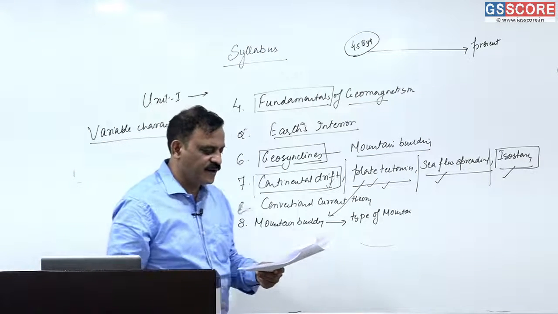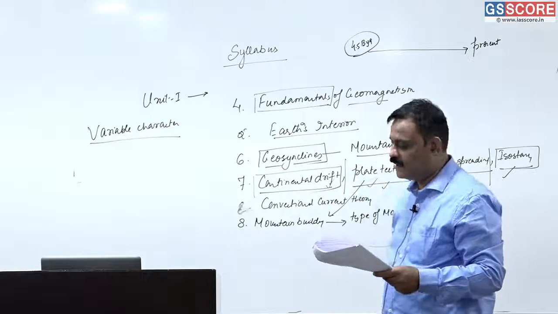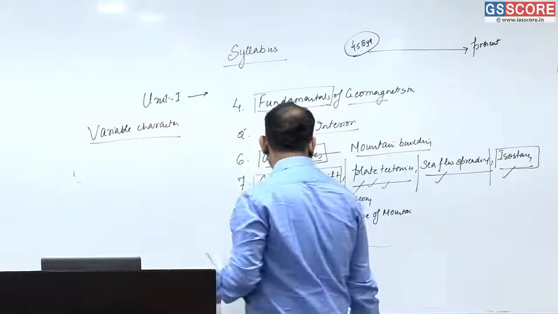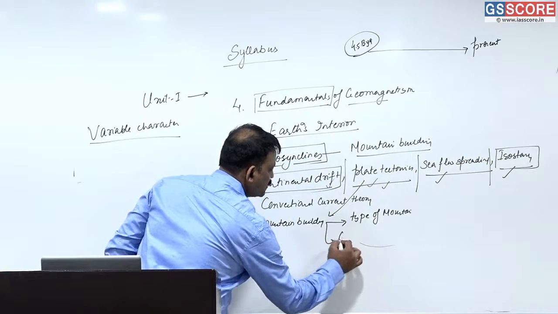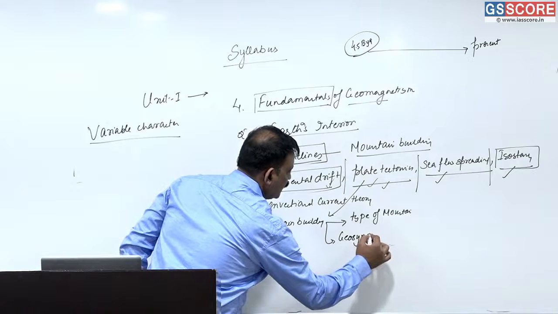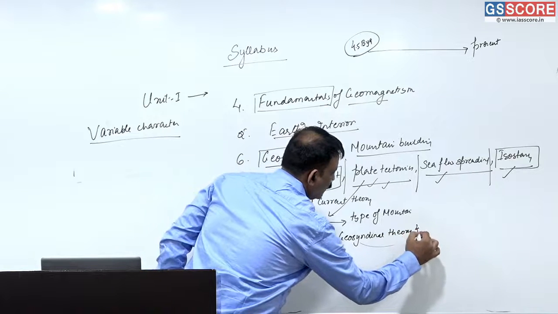So you are expected to study all those theories related to mountain building, and obviously plate tectonics is going to be one of the most important theories, and along with that you will study the geosynclinal theory also, the geosynclinal theory of Kober, that is also there.